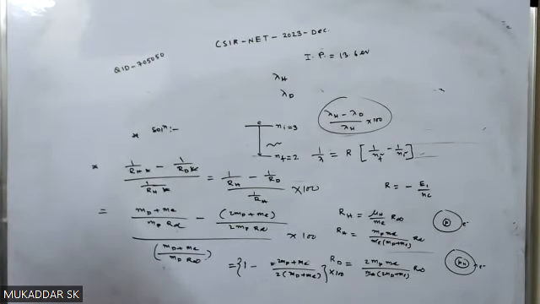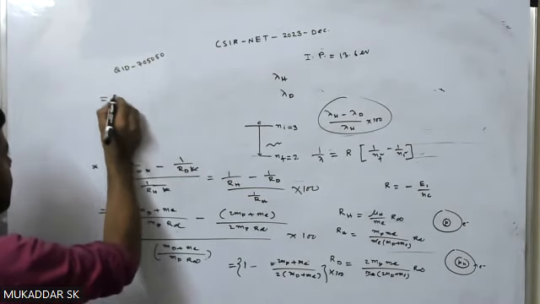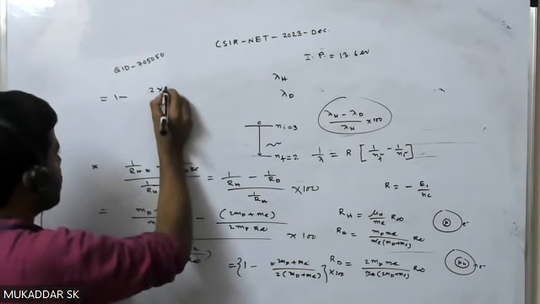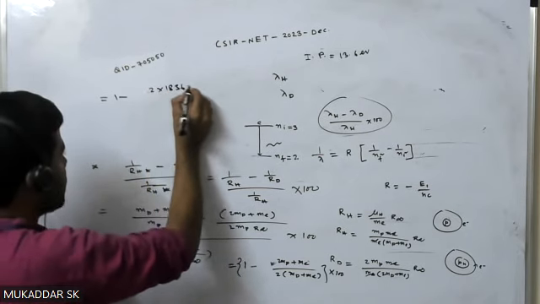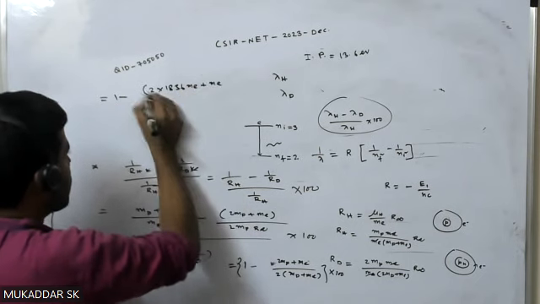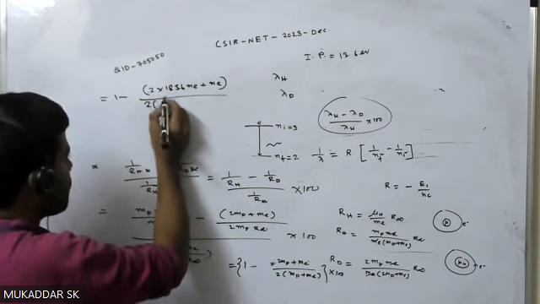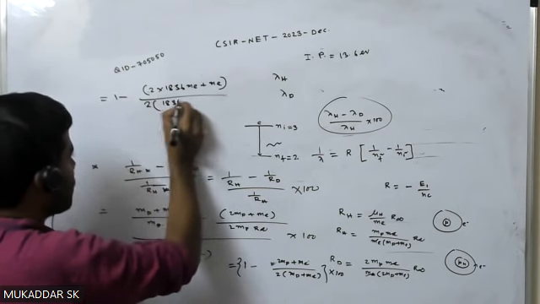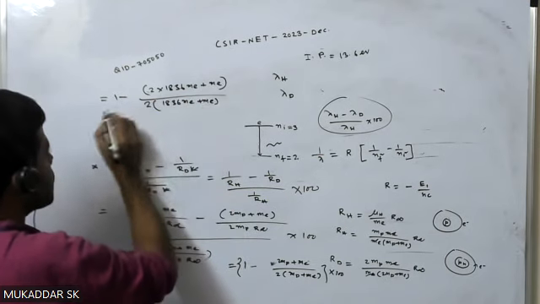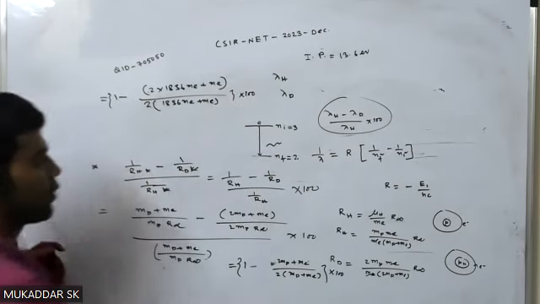Now I'll substitute the value of the mass of a proton. As you know, the mass of a proton is 1836 times the mass of an electron. So 2 times 1836 me plus me, divided by 2 into mass of proton, which is 1836 me, plus me, into 100.